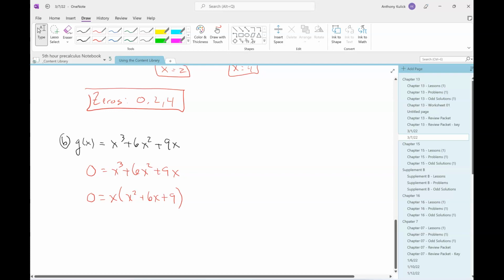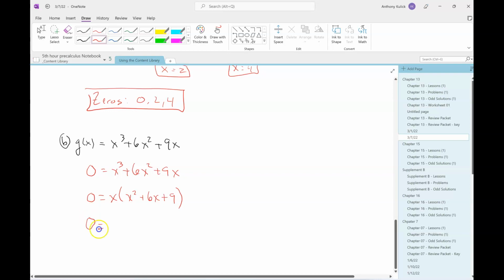Before we start factoring this as a quadratic, what do we need to look at? There's a 1. Great. The leading coefficient is what we need to check first. In this case, the leading coefficient is 1.